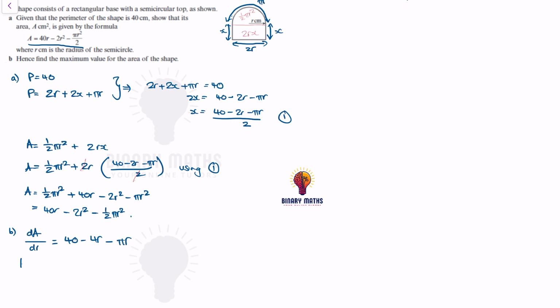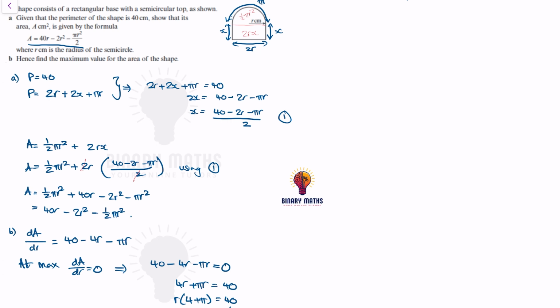So at maximum, dA/dr is equal to 0, which implies 40 minus 4r minus pi r is equal to 0, which means 4r plus pi r is equal to 40. If I factorize the left-hand side, r times (4 plus pi) is equal to 40. So r is equal to 40 over 4 plus pi.